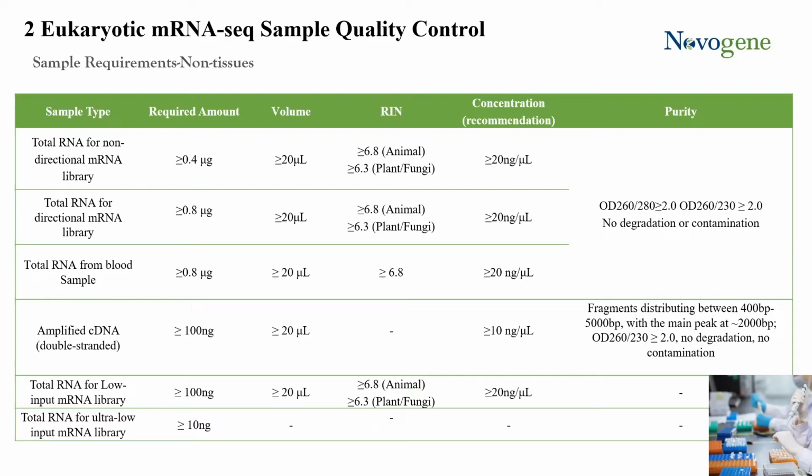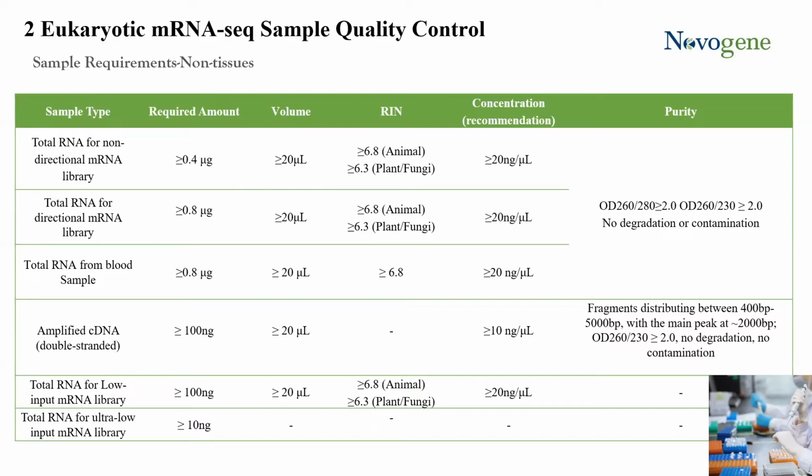We expect the fragment distribution between 400 to 5,000 base pairs with the main peak at around 2,000 base pairs, and we expect the OD260/230 to be greater than or equal to 2 and no degradation and contamination.